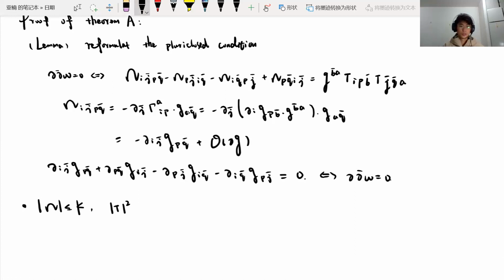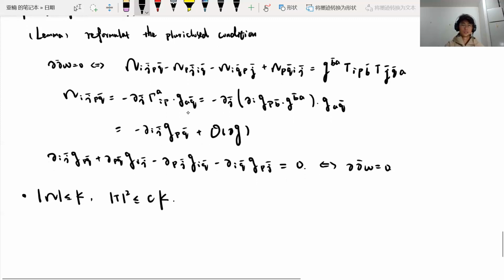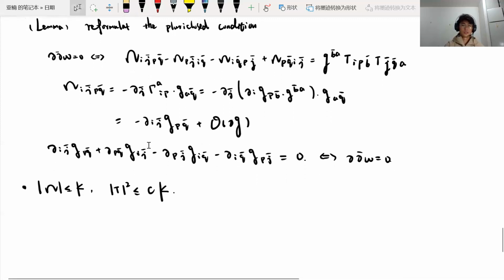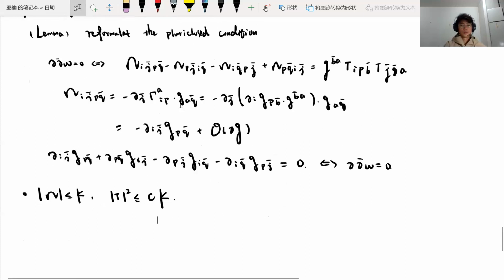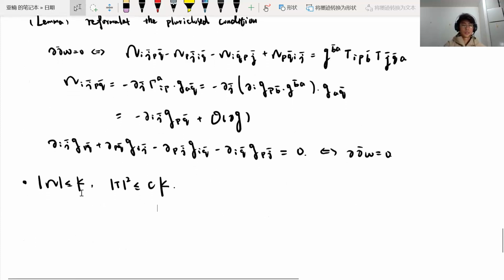The torsion is also bounded for some universal constant C. Actually, for Flerick's metric, the estimate of torsion by the curvature is pointwise and it is independent of the flow. So we can always assume the torsion is bounded if the curvature is bounded.